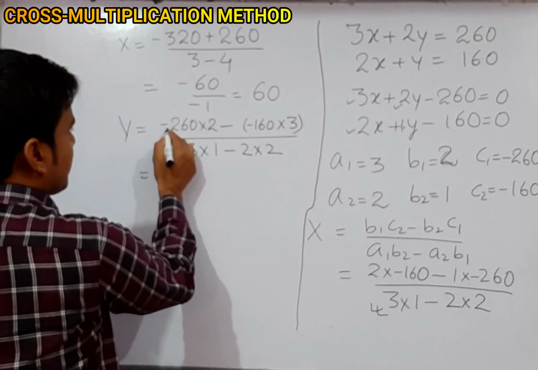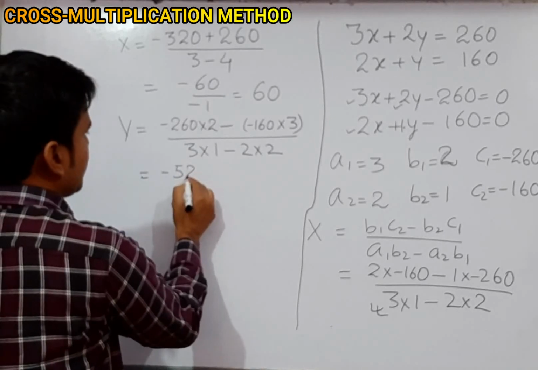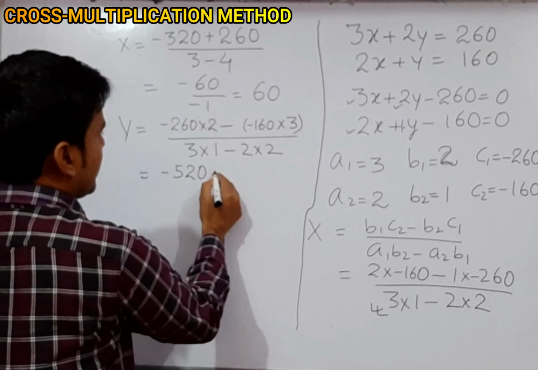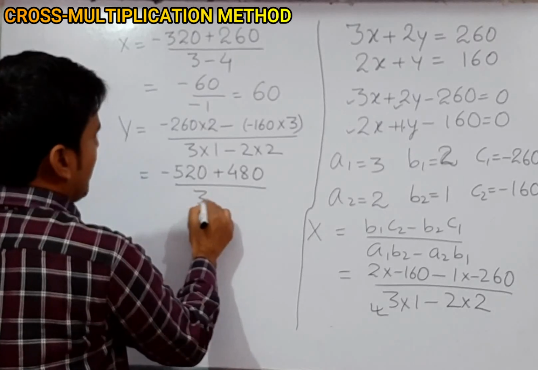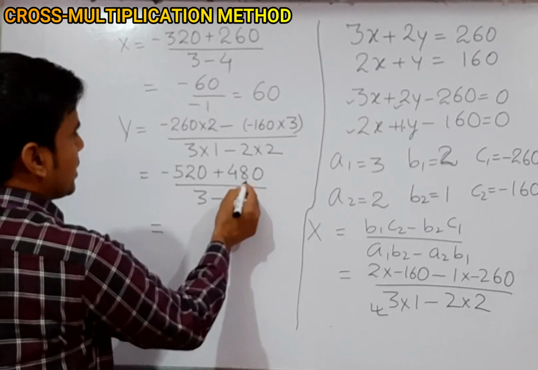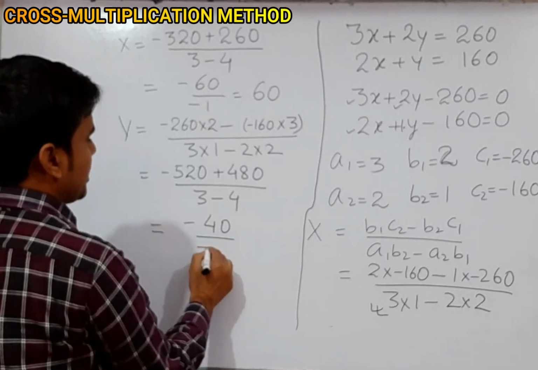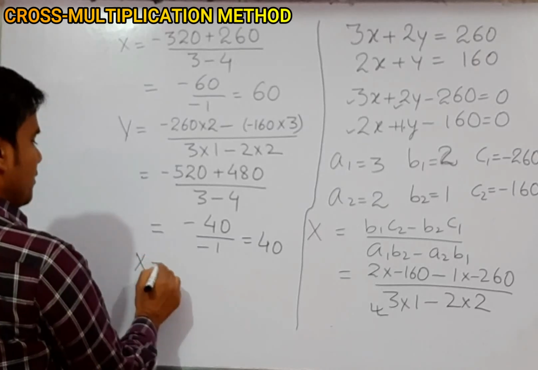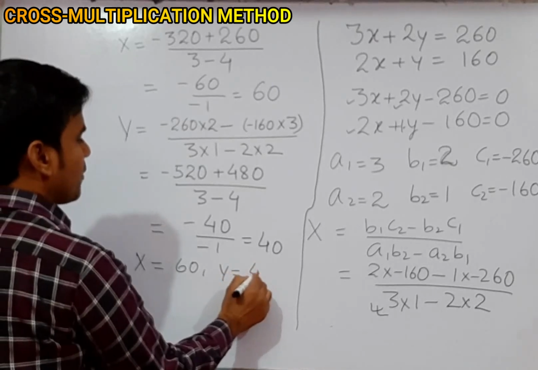So here what we have got here, minus 260 into 2, that becomes minus 520, and minus into minus plus 160 into 3, 480. So 520 plus 480 over 3 minus 4, that becomes minus 40 by minus 1. So that becomes 40. So again we have got the value of x, that is equal to 60, and the value of y, that is equal to 40.